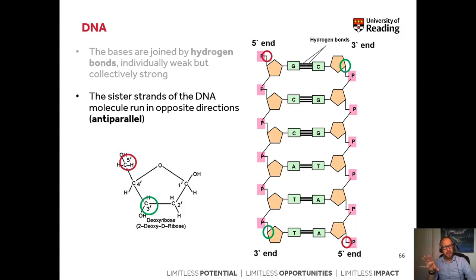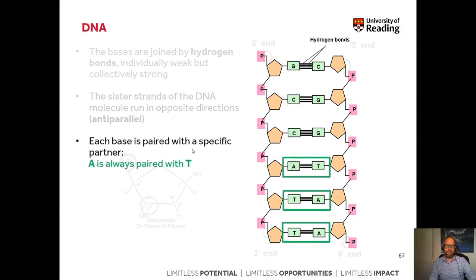The individual strands within this molecule are antiparallel. What's also quite obvious here is that the bases are paired always with a specific partner. We have all of the A's paired with T's.